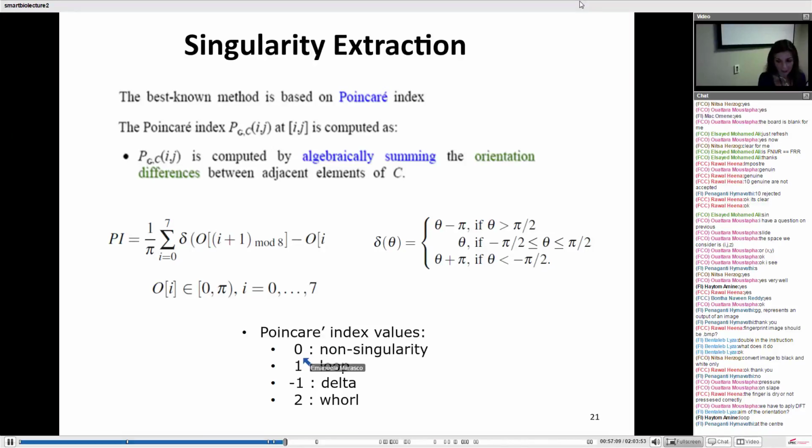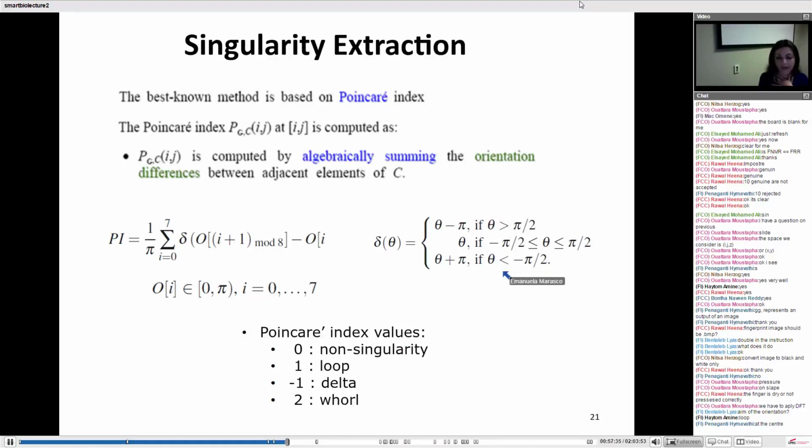So if there is no abrupt change in the orientation, then the result will be 0 in the pixel that we are considering, and this means that in that specific location we don't have any singularity point. If the result is 1, then we have a loop, minus 1 a delta, and 2 a whorl. Right?